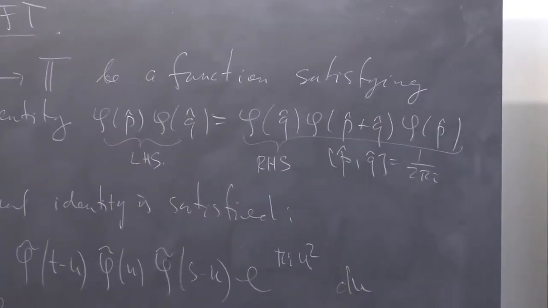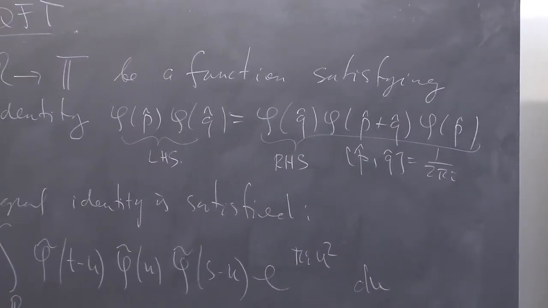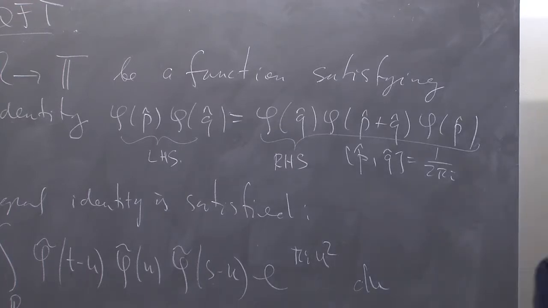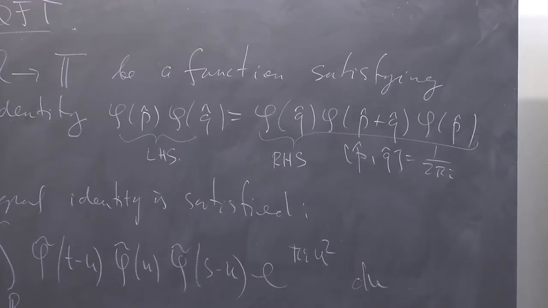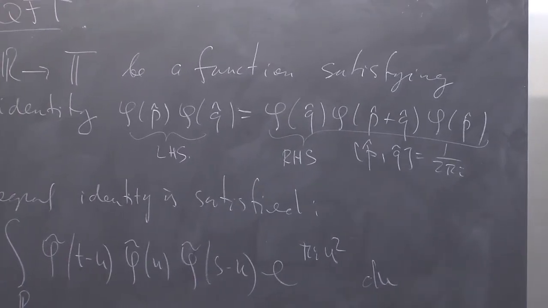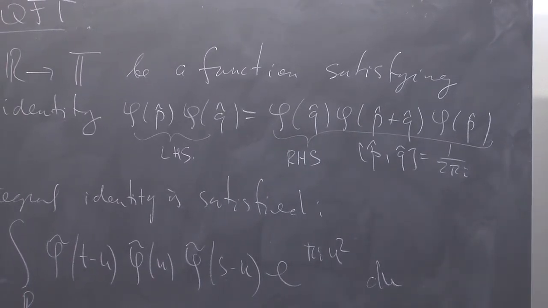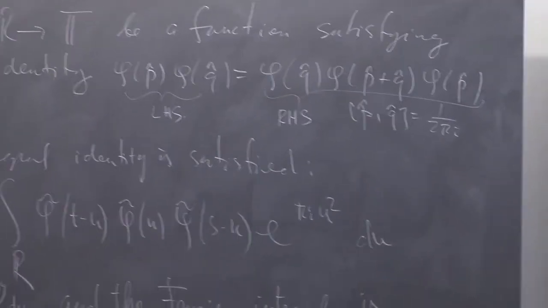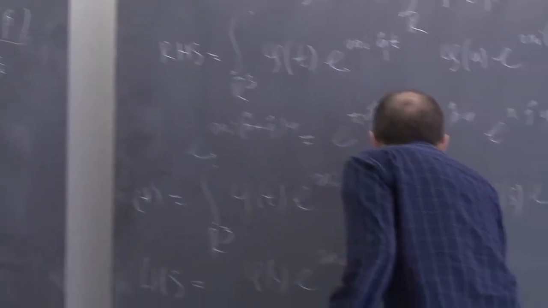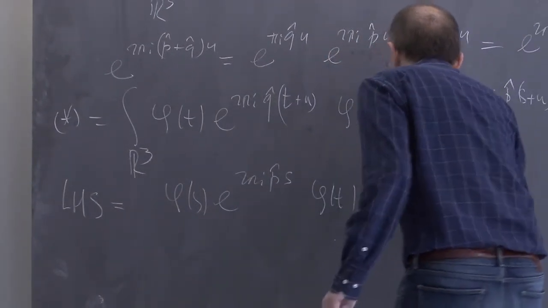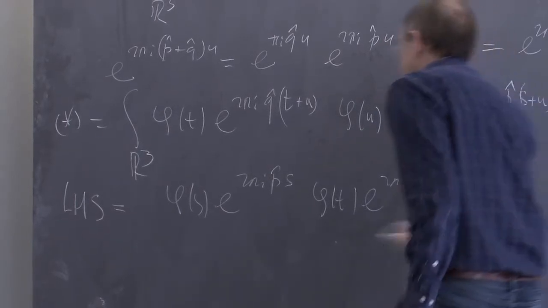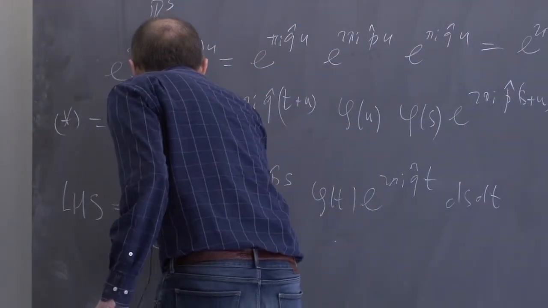And now we do the same for the left-hand side, but the left-hand side is much easier. So let us see, left-hand side is equal. So we start by phi of s e^{2πi p̂ s}, phi of t e^{2πi q̂ t}, ds dt, integral over R².